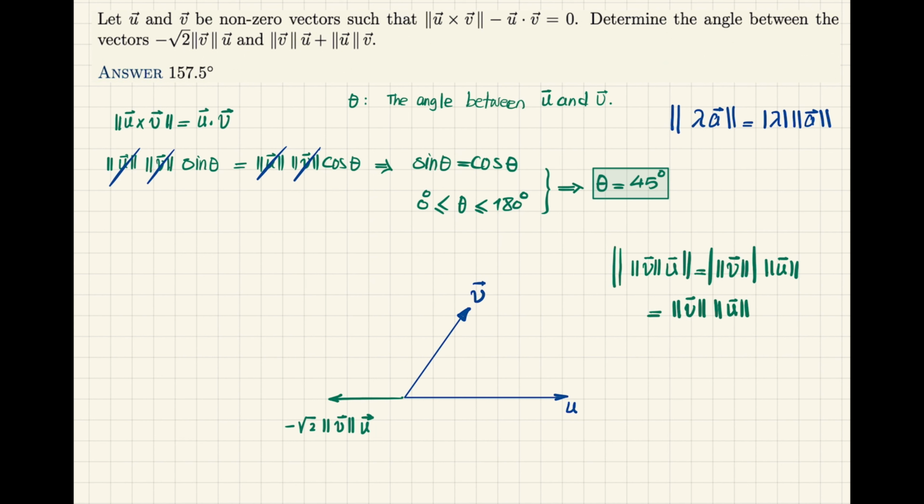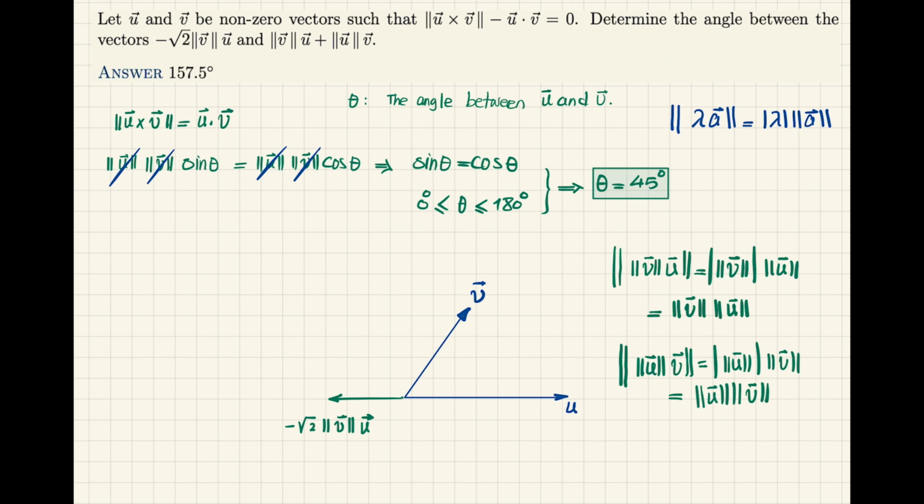I will do the same thing for the other component, so I will determine the length of the second component, but exactly according to the same formula, it becomes the absolute value of norm of u multiplied by the norm of v. But again, I don't need the absolute value because it's positive, and it becomes this.